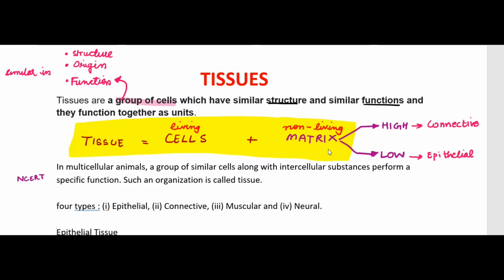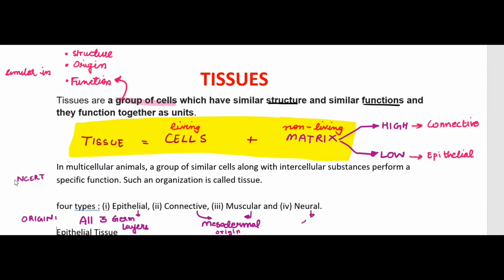Epithelial tissue originates from all three layers, whereas connective tissue and muscular tissue are mesodermal in origin. Neural tissue is ectodermal in origin. So when I say brain, when I say spinal cord, they are all composed of neural tissue. So brain and spinal cord are all ectodermal in origin.